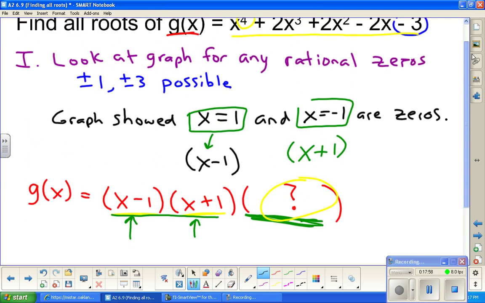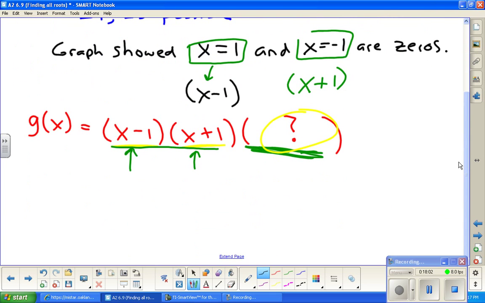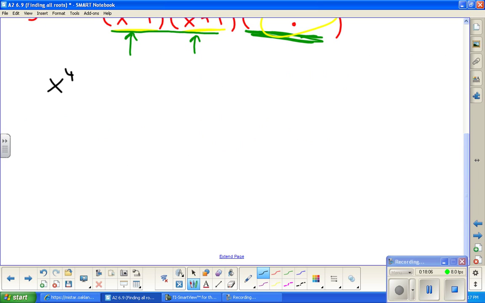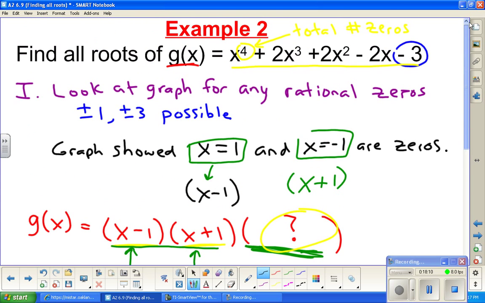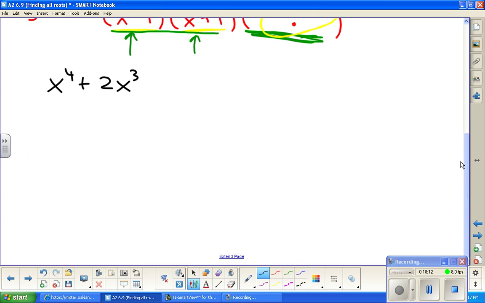Let me rewrite g of x was x to the 4th plus 2x cubed plus 2x squared, minus 2x minus 3.